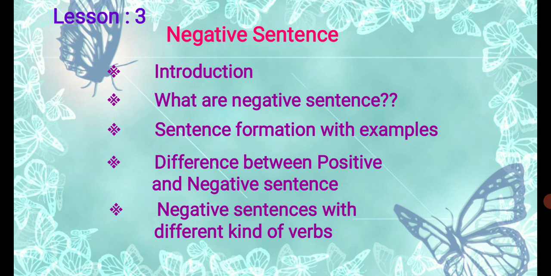Then we will learn negative sentences with different kinds of verbs. With different kinds of verbs, we will see what formation is used to make a negative sentence, and according to this rule we'll do the exercise at the end. So let's start.